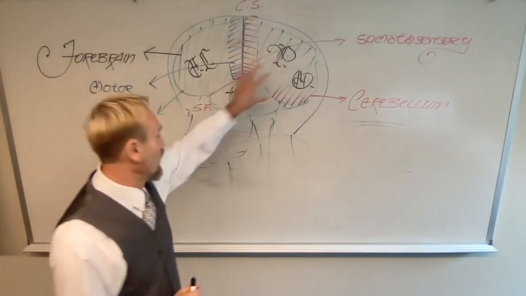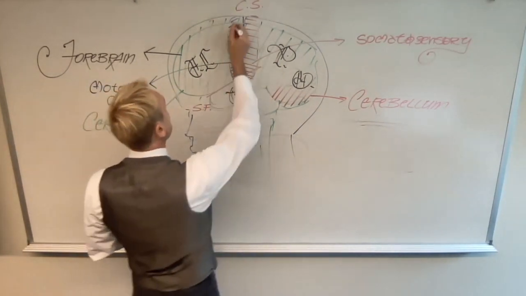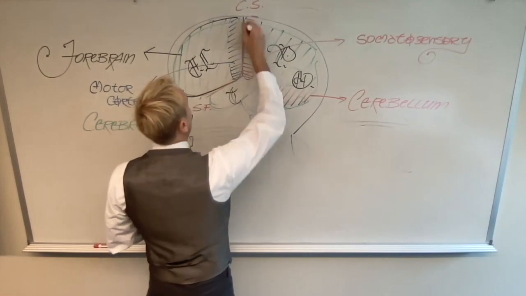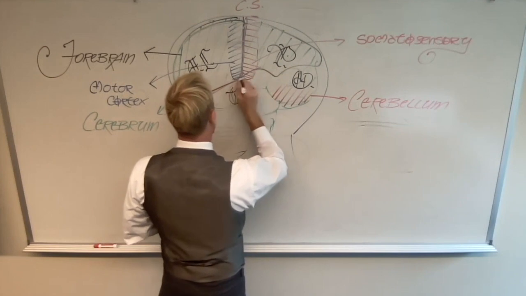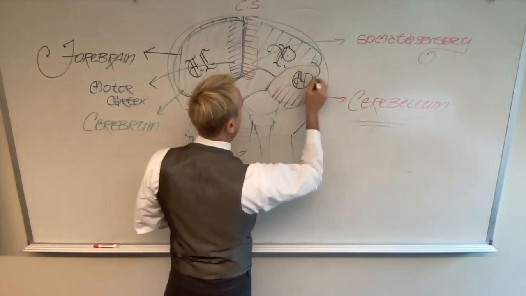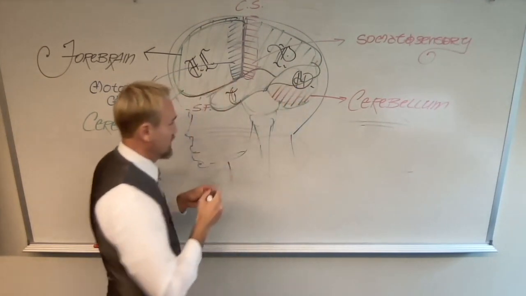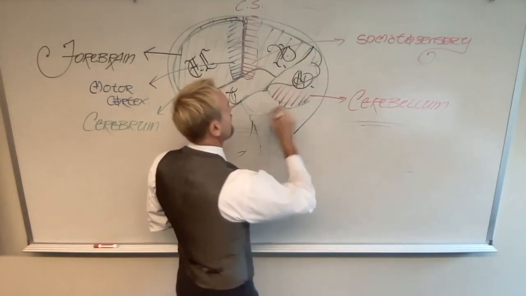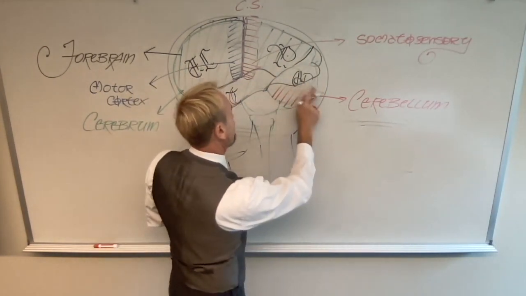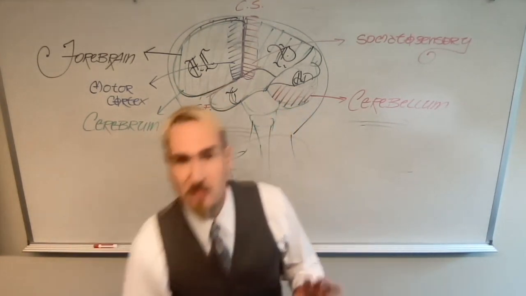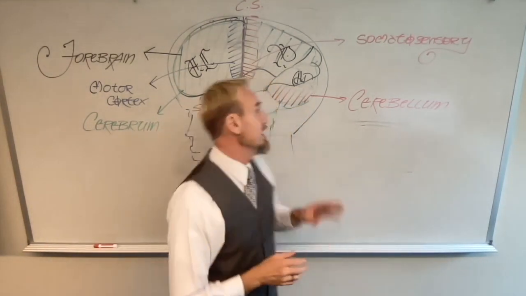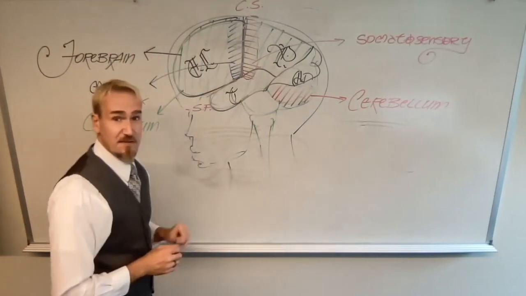So all those 4 lobes should be still intact. 1, 2, 3, and 4. Not the cerebellum. Okay, don't confuse. Don't confuse occipital lobe with the cerebellum. Here we go. So here is where we are, and of course, each of these has very specific function.